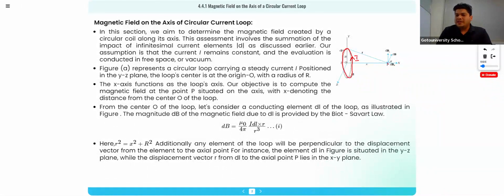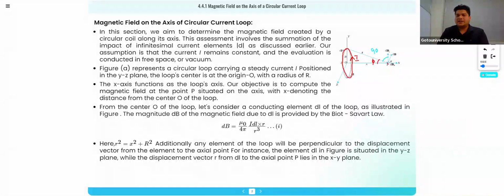For that magnetic field, let us consider this is angle phi. This is dB. The angle between this r and dB will be 90 minus phi, because this entire angle is 90 degrees.